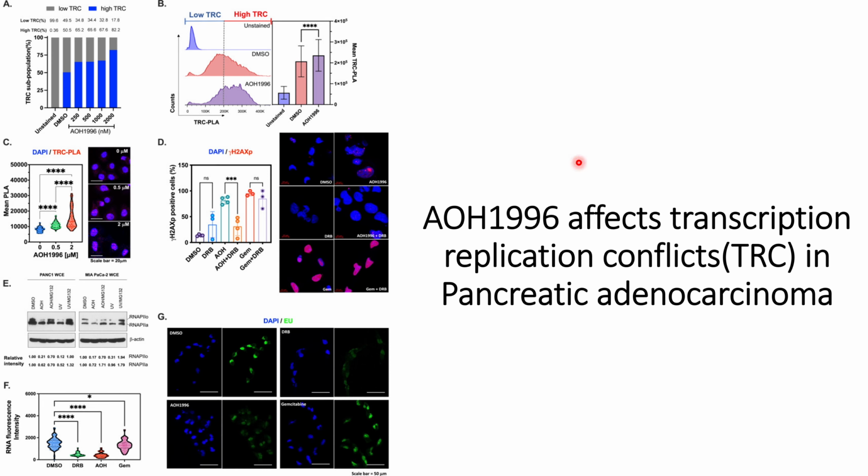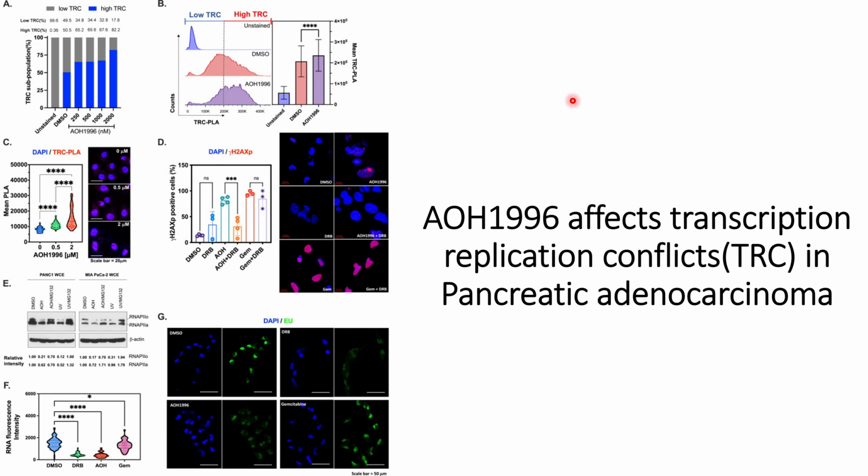So all together this comes to the conclusion that AOH1996 affects TRC, that is transcription replication conflicts, or more precisely it increases transcription replication conflicts in pancreatic adenocarcinoma cells, as shown here with the PANC1 and MIA PaCa2 cell lines.